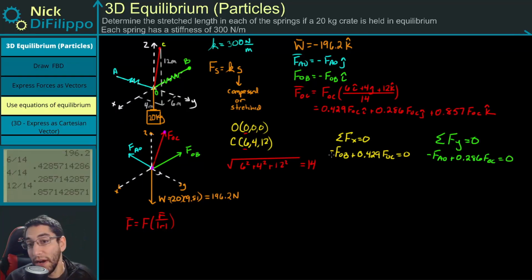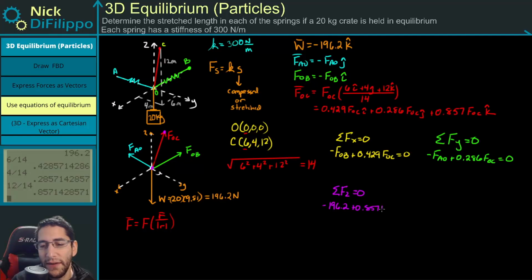And in the z direction, now we're actually going to be able to solve for something. So the sum of the forces in the z are equal to 0. We're going to have minus 196.2 plus 0.857 F_OC is equal to 0. We solve for F_OC.